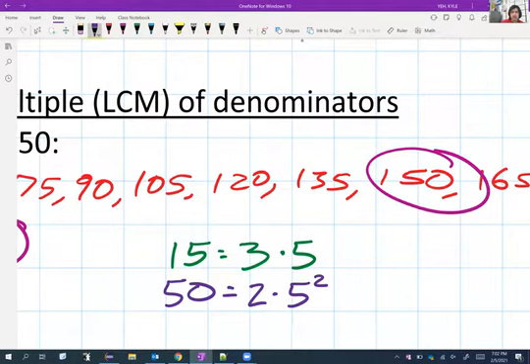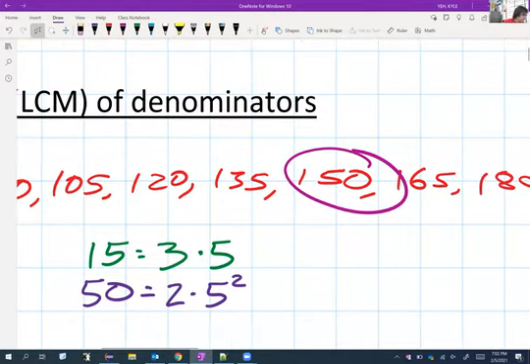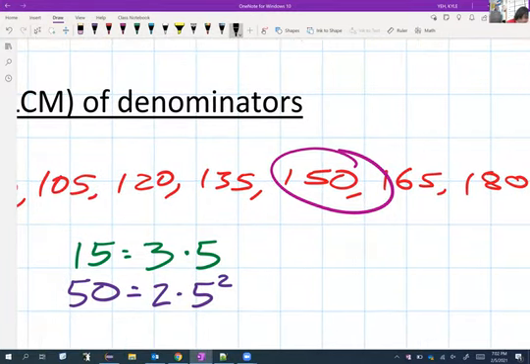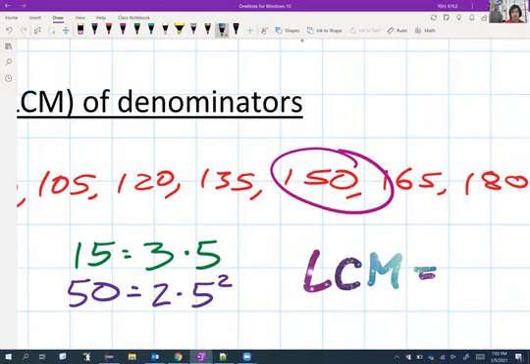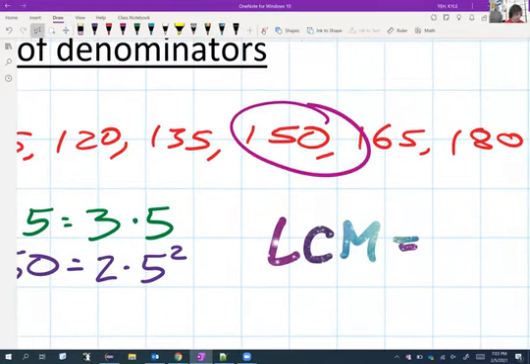So broken down into their prime factors, how we can get the LCM is we're going to take each prime factor to the highest power that we see in either one of our two numbers. I like to go in order.